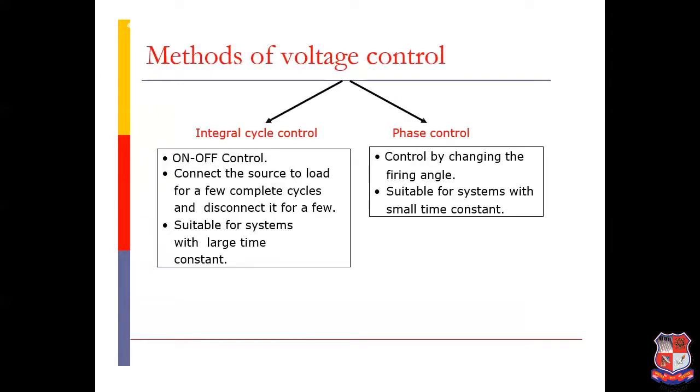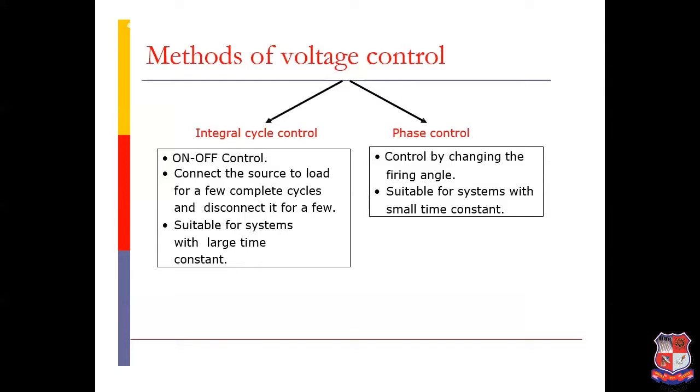Now, these are the methods of voltage control in case of AC regulators. The first method is integral cycle control and the second one is phase control. Integral cycle control is also known as on-off control, in which we connect the source to load for few complete cycles and disconnect it for few complete cycles.